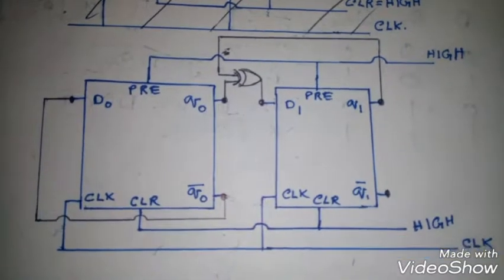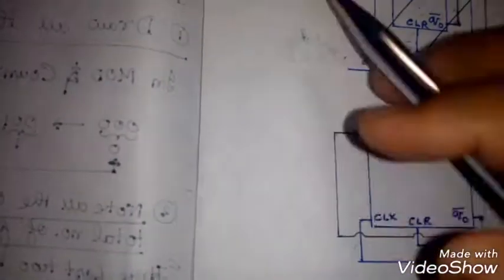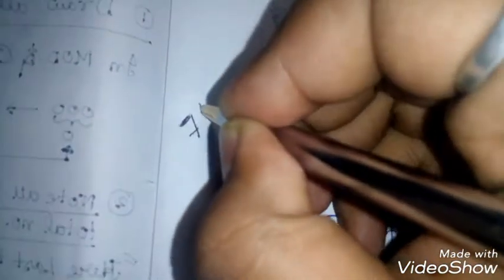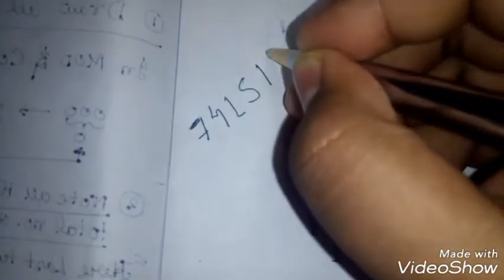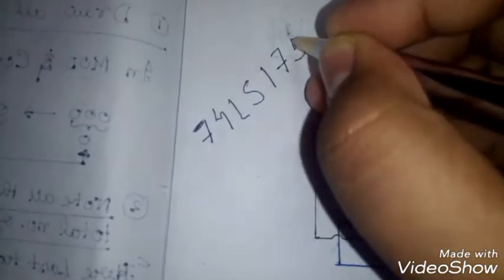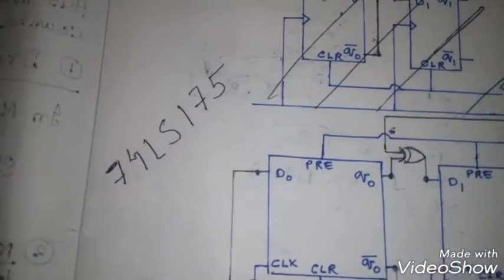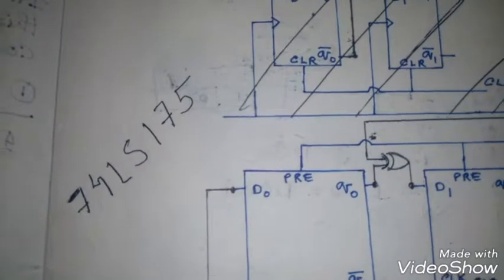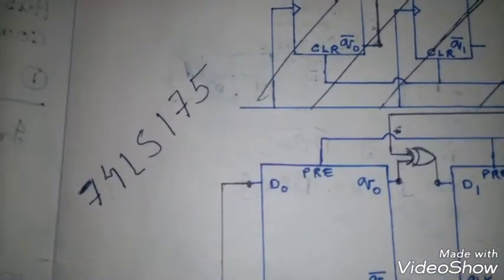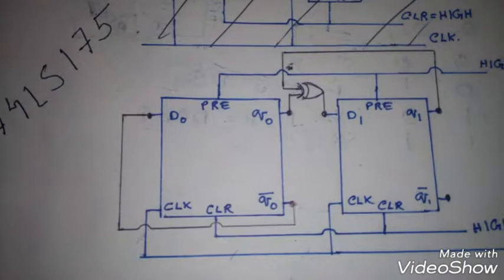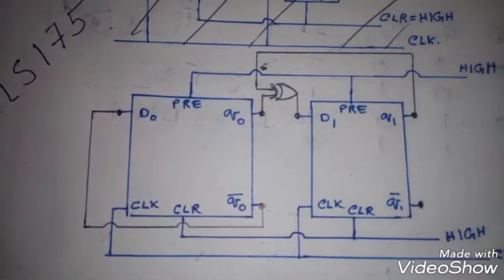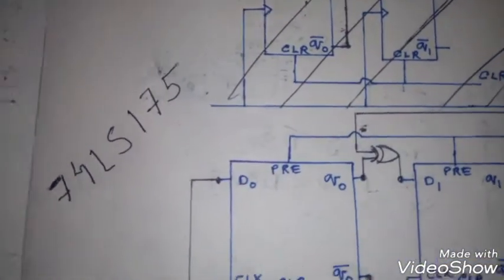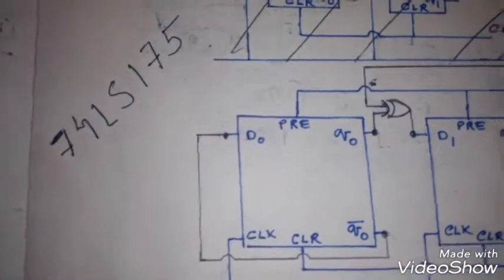Now in the practical experiment, I have used an IC, that is a quad D flip-flop, the 74LS175. It is a quad D flip-flop, and this IC is very useful for making synchronous counters, because in case of a synchronous counter I need preset, clear and clock all connected at a time, and in this IC these three are connected to a single pin.